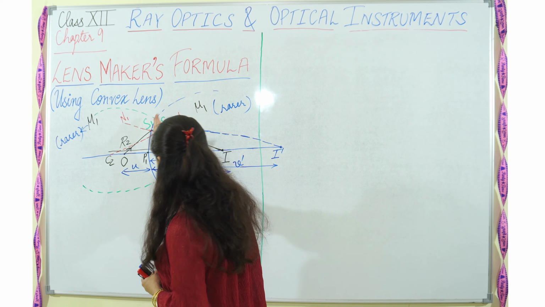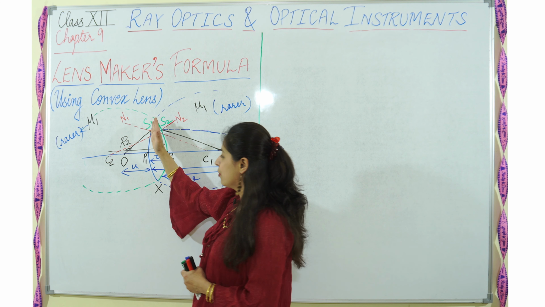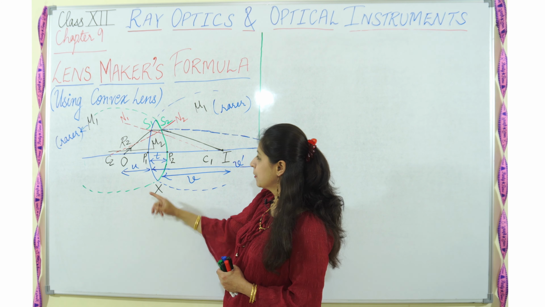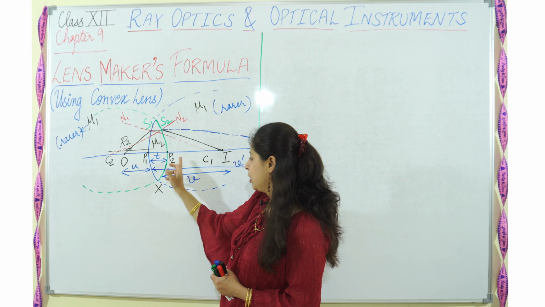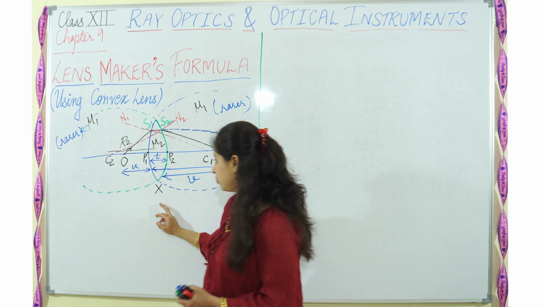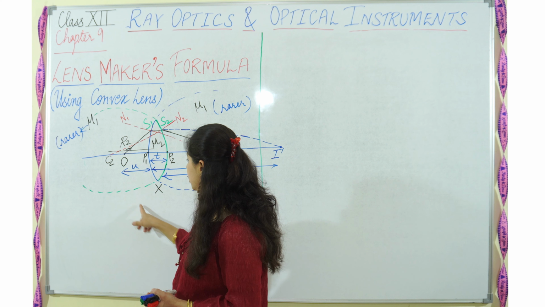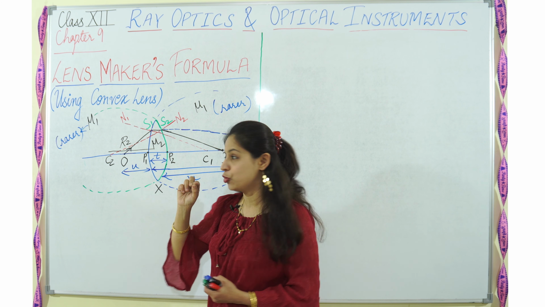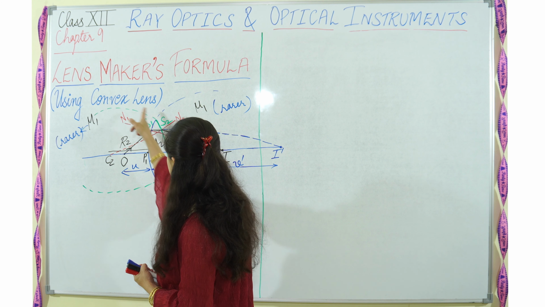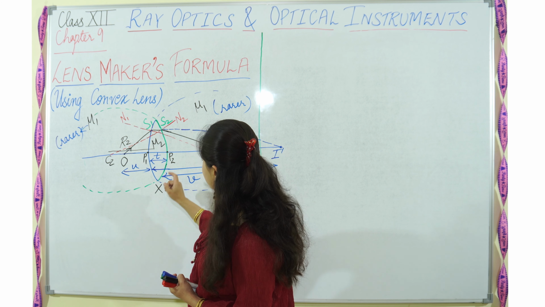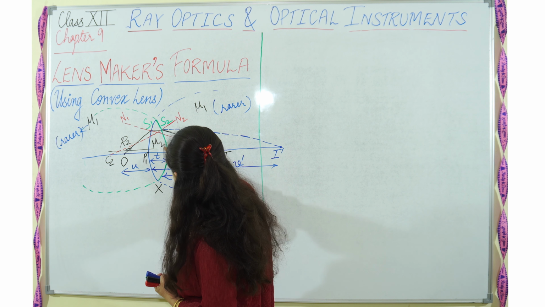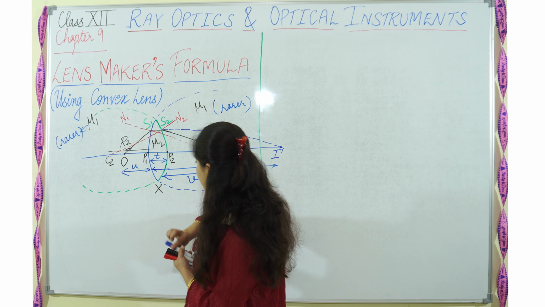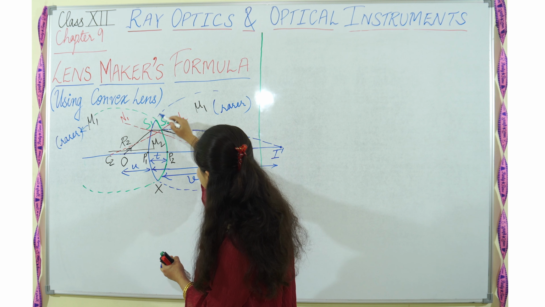Here we are having two surfaces. One surface is S1, P1 and X. The second surface is S2, P2, X. We see over here the object is placed over here. It is a point object. For the surface S1, this is my surface S1 shown with the blue ink.